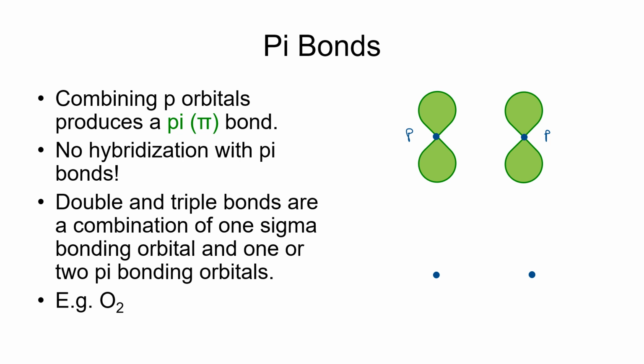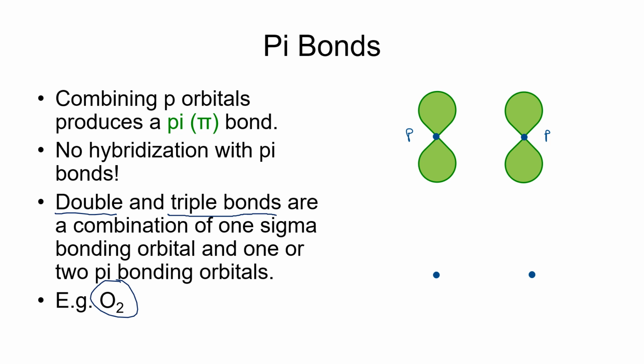Alrighty, so option number 2 for bonding is called a pi bond. Sigma bonds are what occurs directly between 2 nuclei, and pi bonds are what will occur if that position is already taken. So when you have a double or a triple bond, you're going to need pi bonds to make those extra bonds. The first bond is always going to be sigma. Our example here is going to be oxygen.